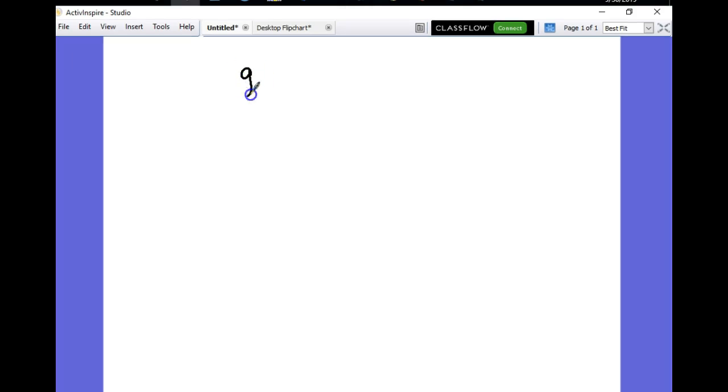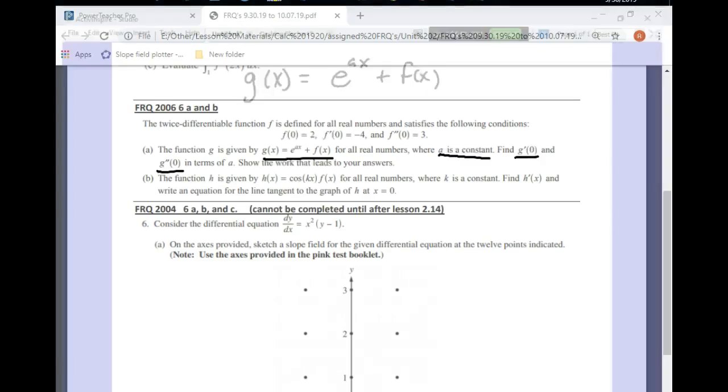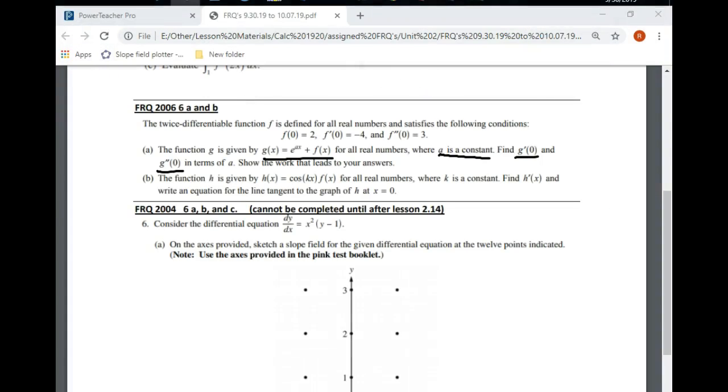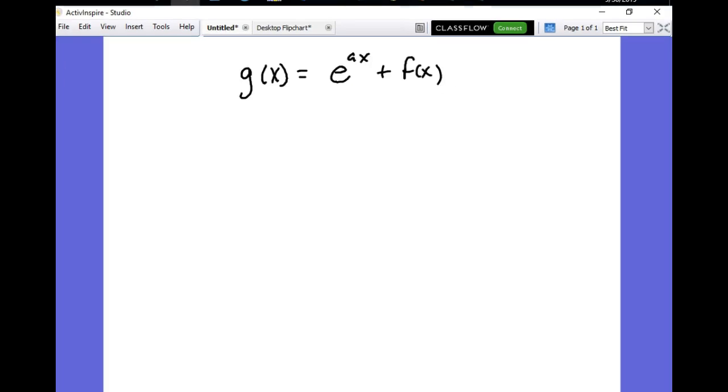First of all, we have g of x is equal to e to the ax plus f of x. Let me double check to make sure I've got that written correctly. Yes, okay. So if I wanted to find the derivative, well, g prime would be, when you take the derivative of e, it's just the same thing, but you also need to multiply it by the derivative of the exponent itself, which would put an a there.